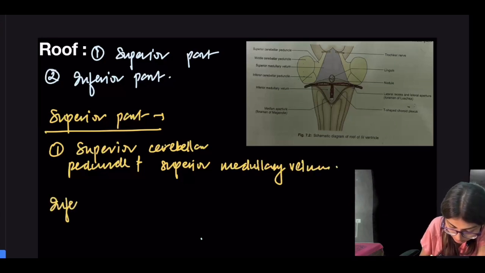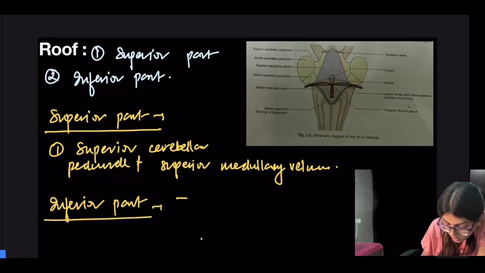In the inferior part we have tela choroidea.